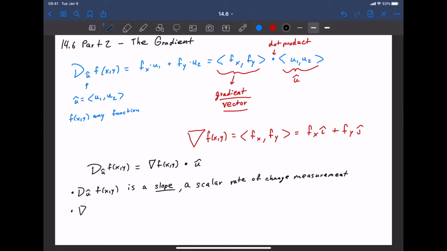Whereas the gradient of f is a vector. Okay, it's part of the directional component, but this is going to be one of the major keystone parts of this class, or specifically of vector calculus, chapter 16 material. What does it do?